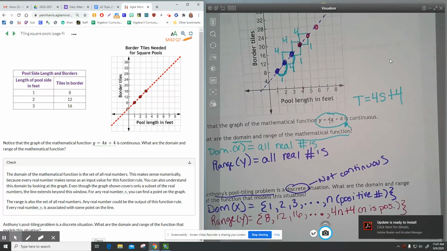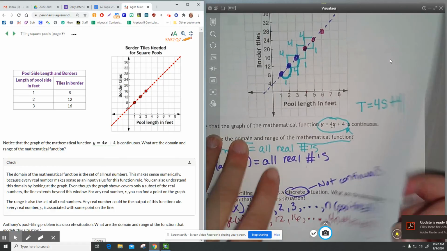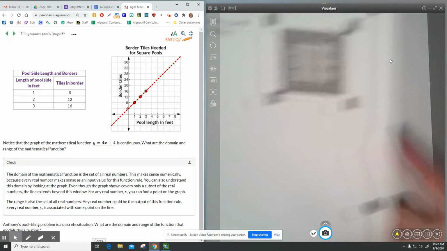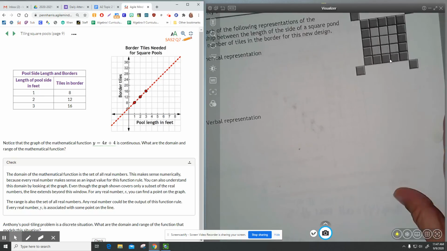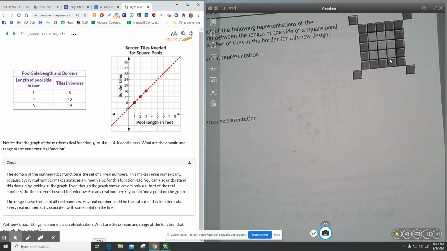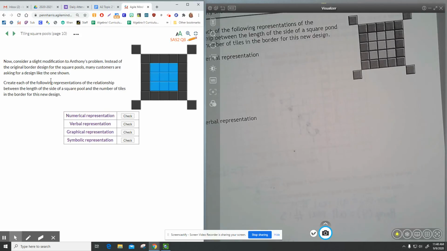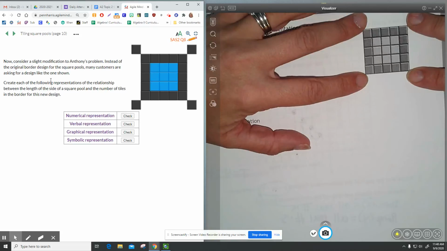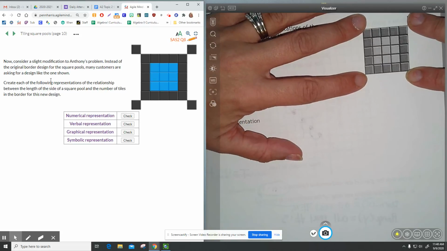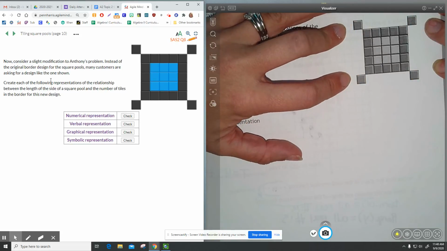Okay? So let's go ahead and turn your page to question 8. Okay, so now Anthony's getting a little full of himself here. And he comes up with a different pattern. Instead of just the plain pattern that he had before, he decided, hey, let's add an additional 4 tiles.